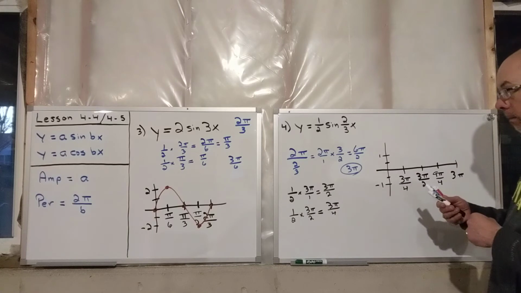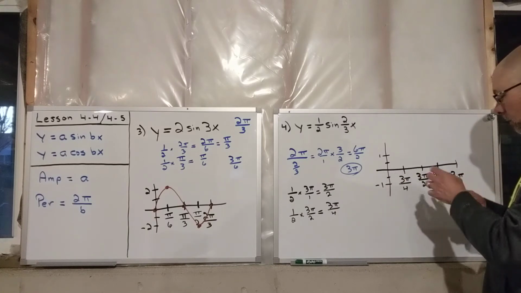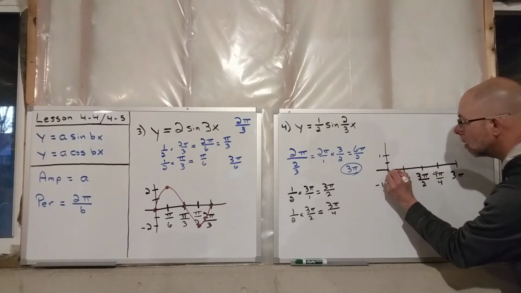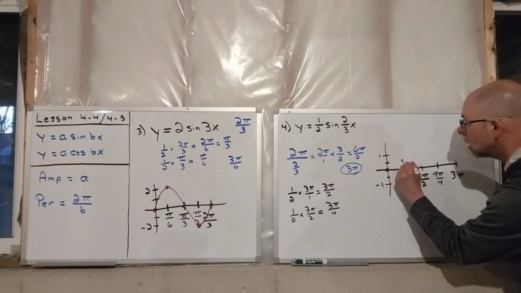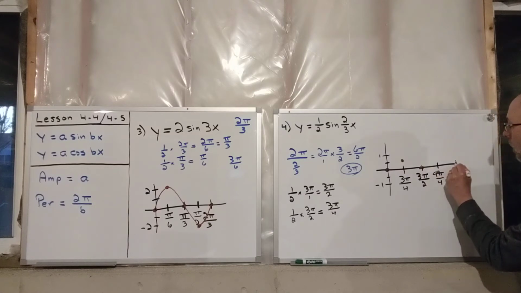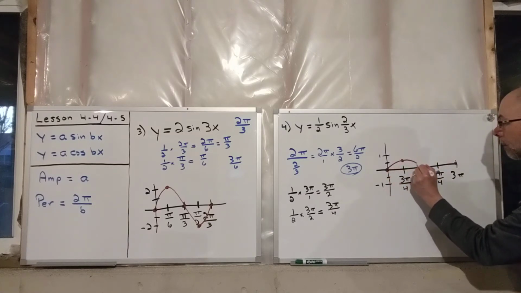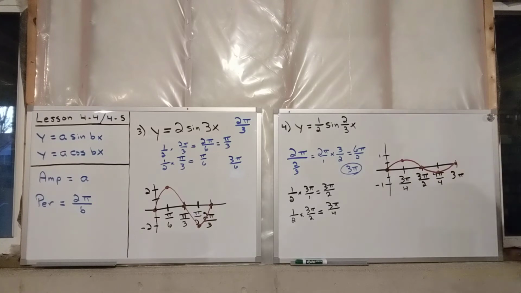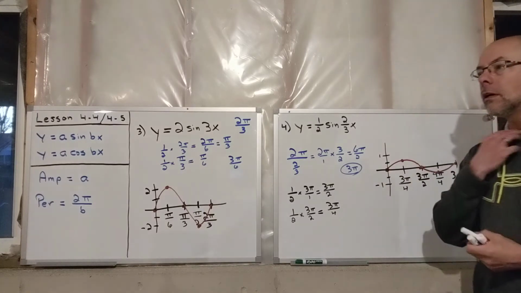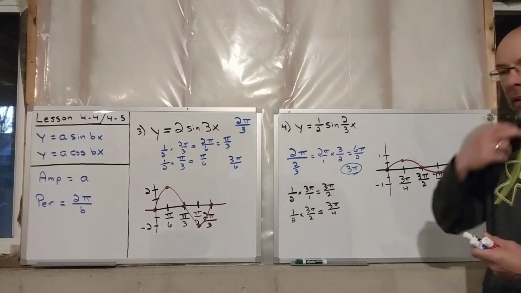Now I got to be careful that I stretch my graph out this way, but only go to an amplitude of a half. So start here, only half here, only half low in here. So a lot flatter looking sine curve. So that's kind of the gist of it.